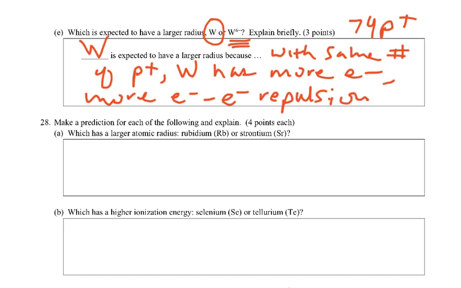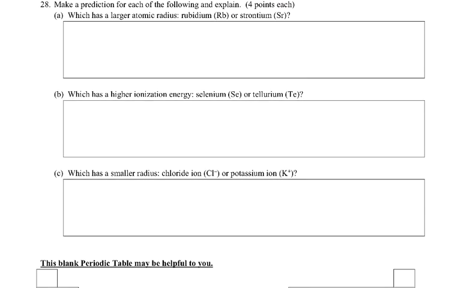Okay, 28. Make a prediction for each of the following and then explain. Which has a larger radius, rubidium or strontium? Well, we have to look on the periodic table and find those two. We're going to find out that rubidium and strontium are right next to each other. So who's going to have a larger atomic radius? Rubidium. And why?